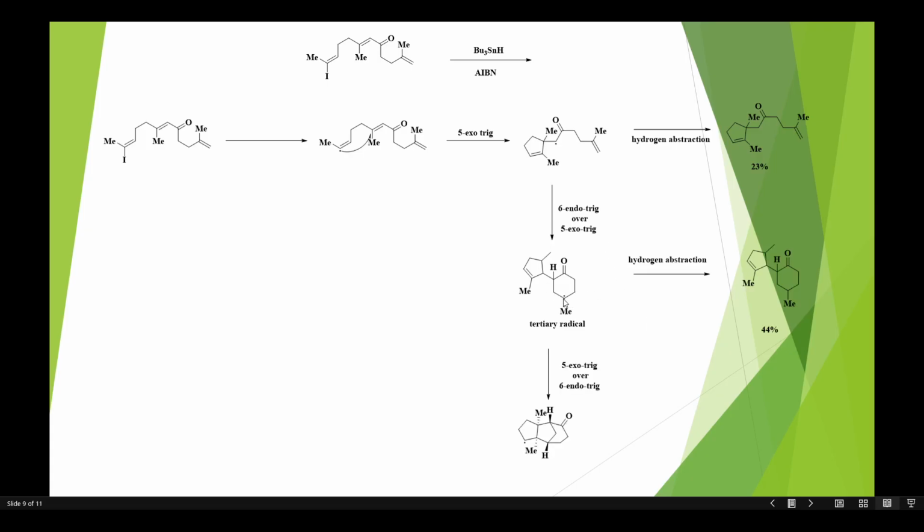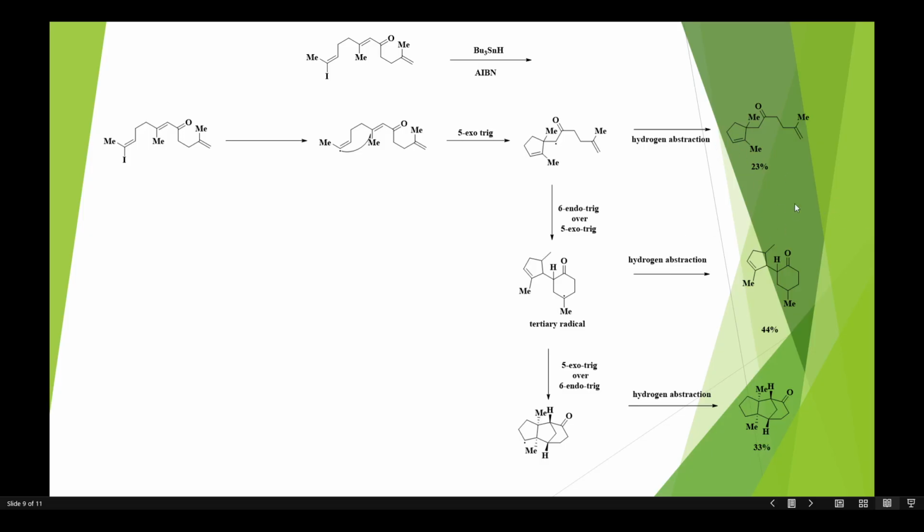After that, whatever tertiary radical is formed will undergo a 5-exo cyclization of this radical, and you will get a fused tricyclic compound. And after the hydrogen abstraction, you will get a tricyclic product in 33% yield.